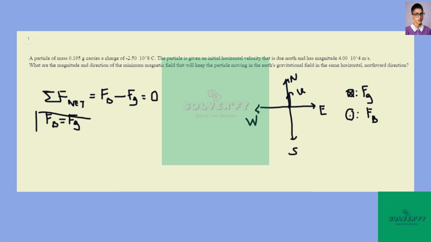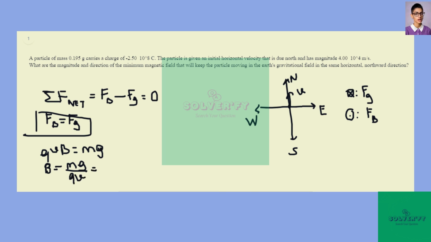The same statement here, which means q, the charge of the particle, times the velocity times the magnitude of the magnetic field has to be equal to your gravitational force. From here, we can easily calculate the magnitude of the magnetic field. So it would be mg over qv.